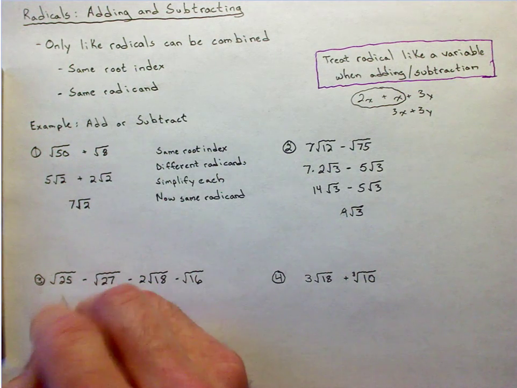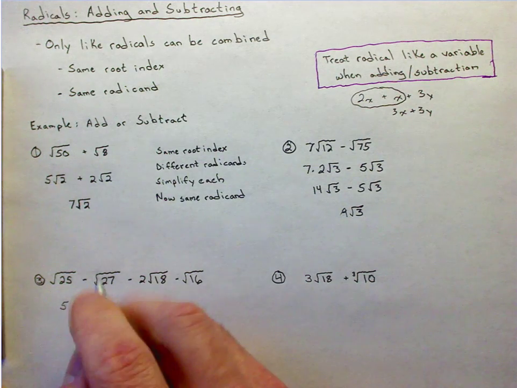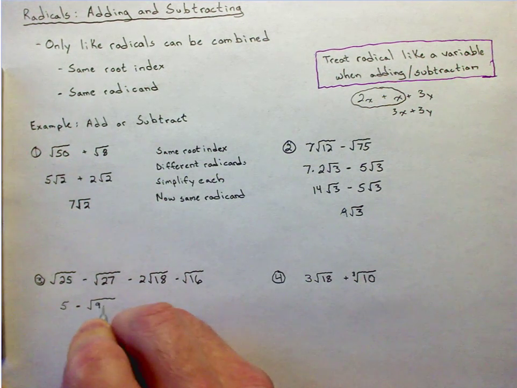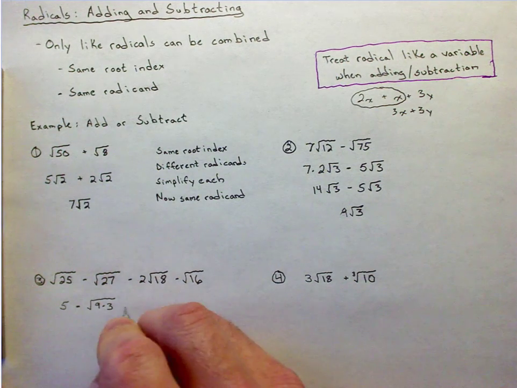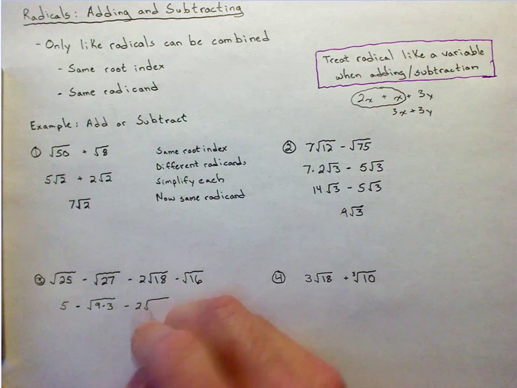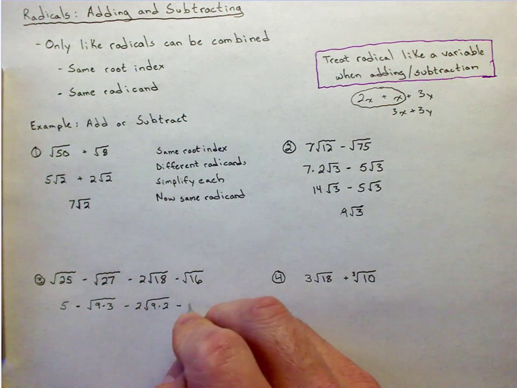Well, the square root of 25 is 5. The square root of 27, that can be broken down to 9 times 3, minus the square root of 18. Well, I can write that as 9 times 2, minus the square root of 16 is 4.